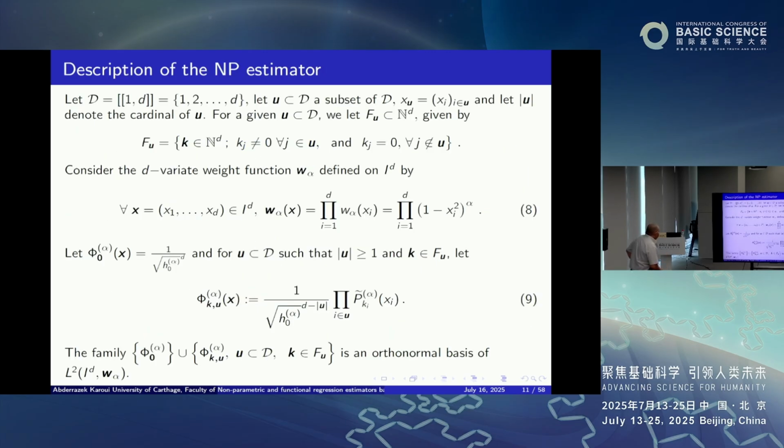What we are going to do is construct our basis functions. Our basis functions are constructed from the multivariate Jacobi polynomials, and that's our basis for projections.